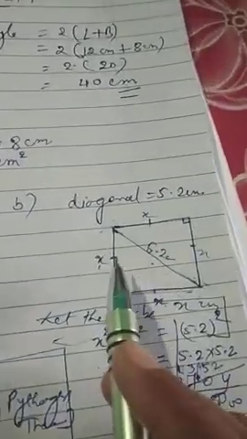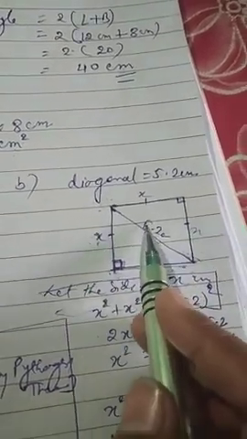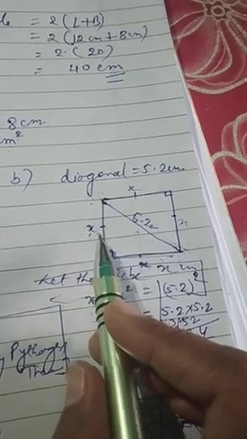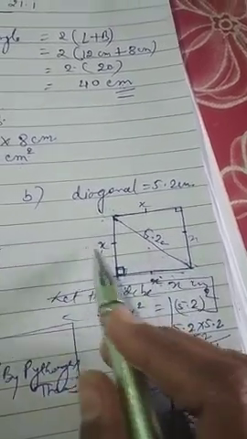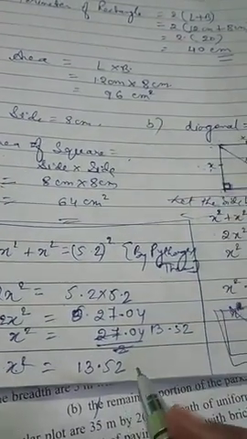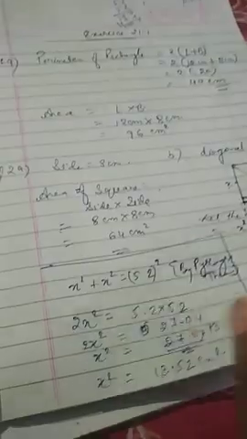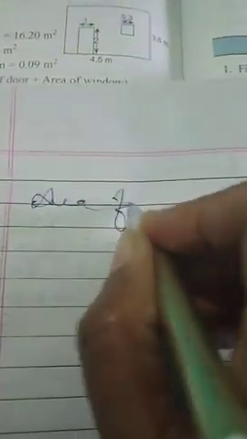X square means, understand it properly, x is the side and it's a square. We know area of a square is side into side. So x into x, that is x square. This is only area also. Yes or no? But you have to write it like this. Don't leave it like this. Write down area of a square is equal to side into side.